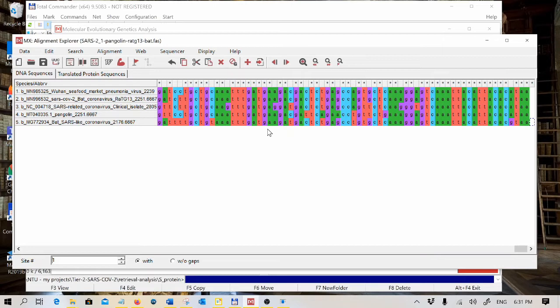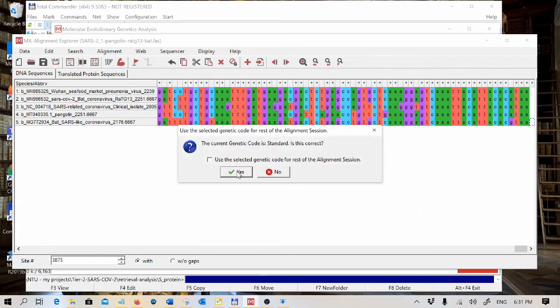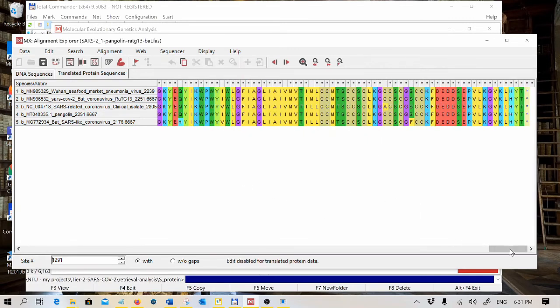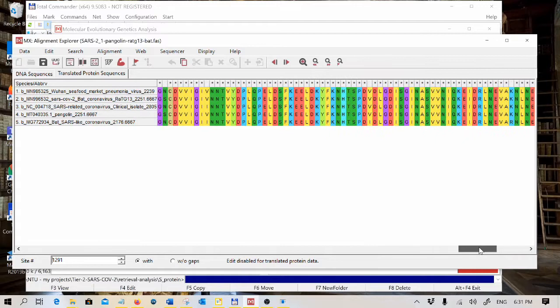So comparing synonymous versus non-synonymous substitutions, we might tell how strong the selection is. If selection is very strongly purifying, then we will see alterations and mutations in the nucleotide sequence and not much in the protein sequence. So like here.